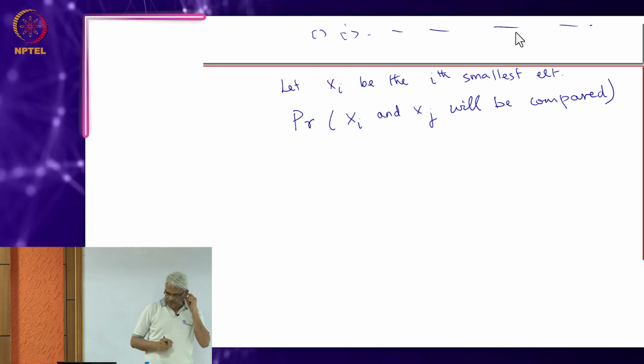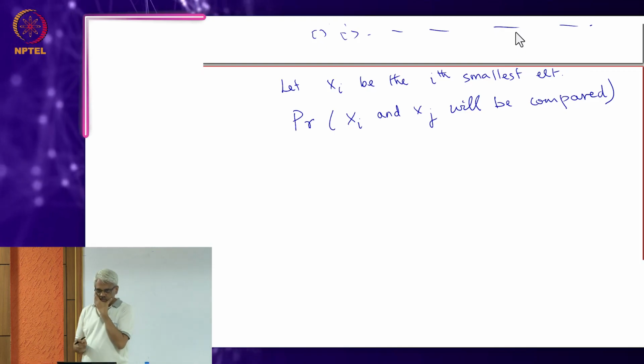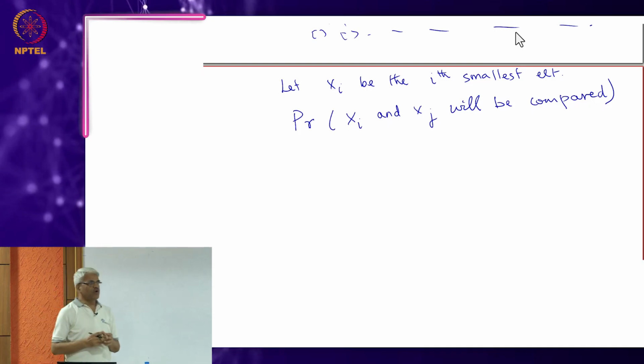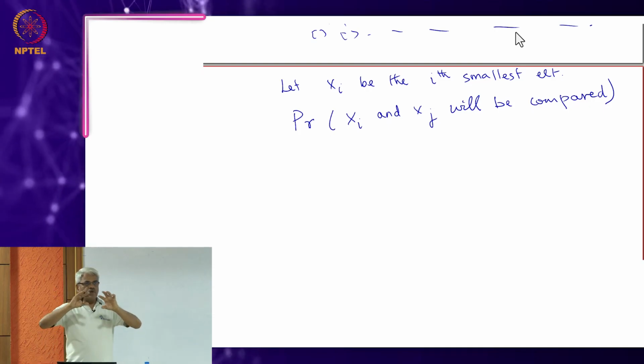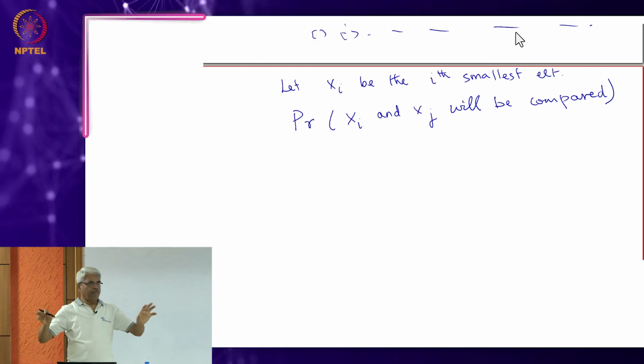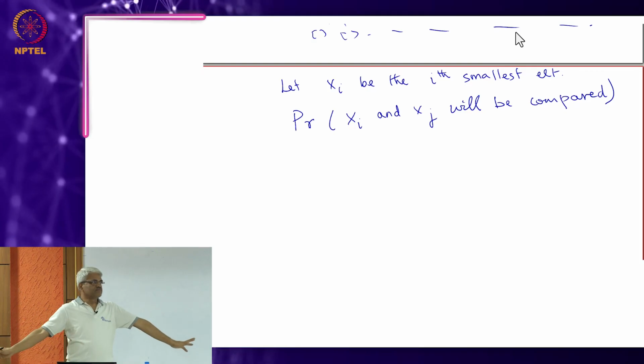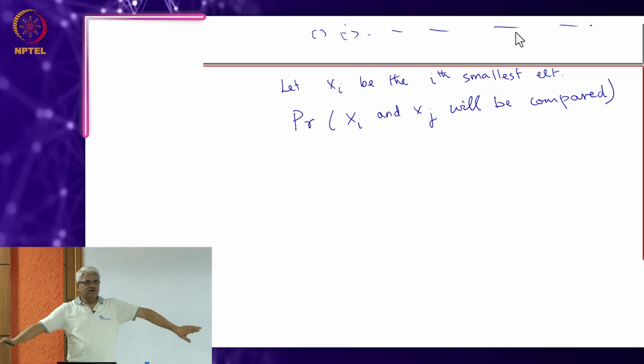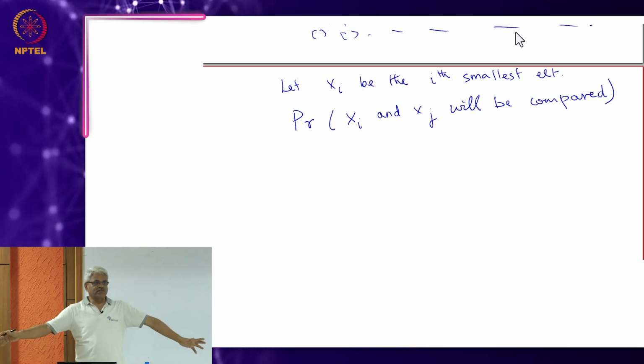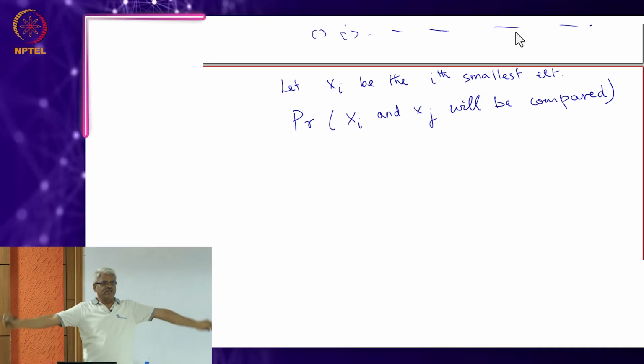But the thing about quick sort is that once you have partitioned it, an element on the left and an element on the right will never be compared, right, because you have done this. So, you sort this, that is it. You are not going to make a comparison between this and this.